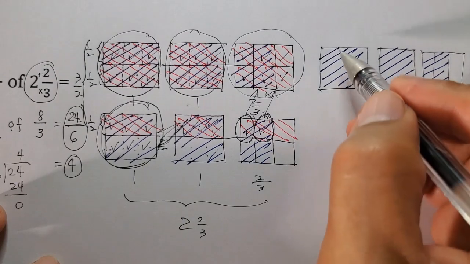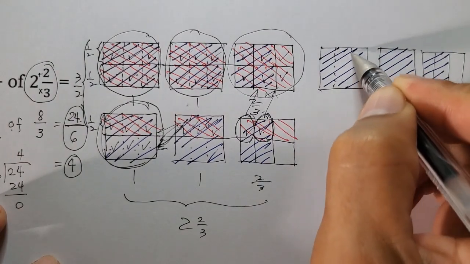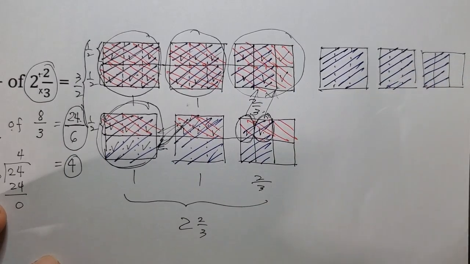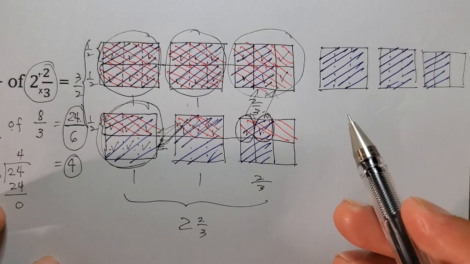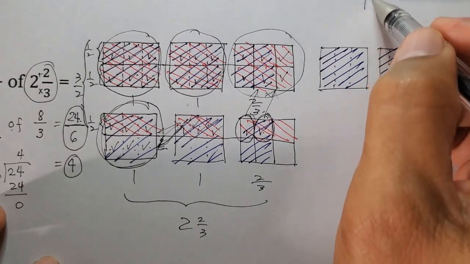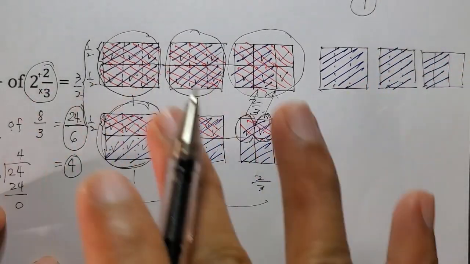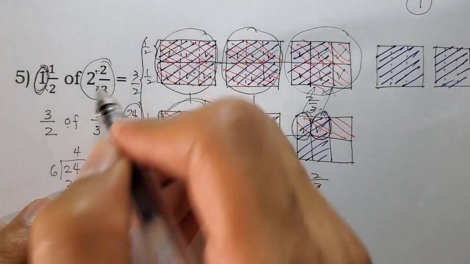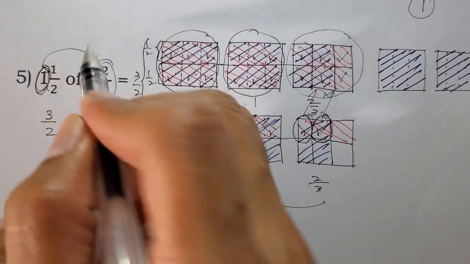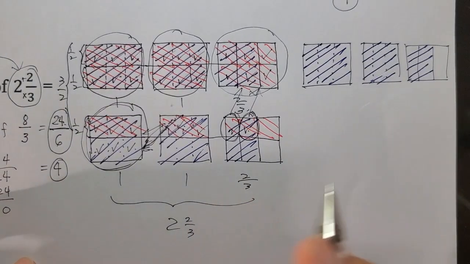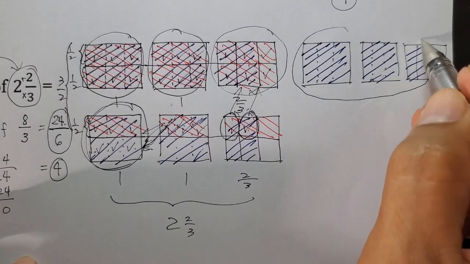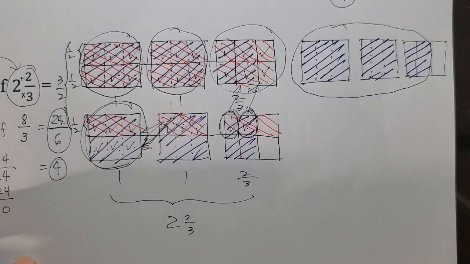However, the portions are not equally divided. So let's make an imaginary line just to show 2 and 2/3. So this is one part, or I mean, that is the one whole part of 2 and 2/3. Isang buong 2 and 2/3. So this is one part of isang buong 2 and 2/3.